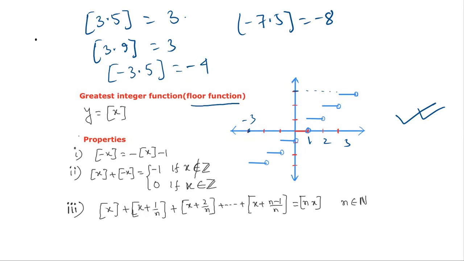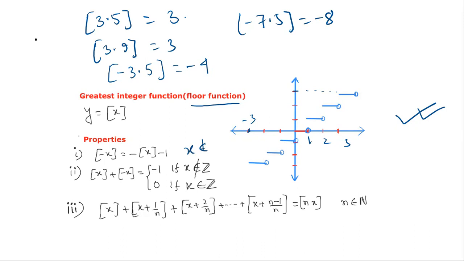I have written some important properties of the greatest integer function. Greatest integer of minus x will become minus of greatest integer x minus 1, if x is not an integer.